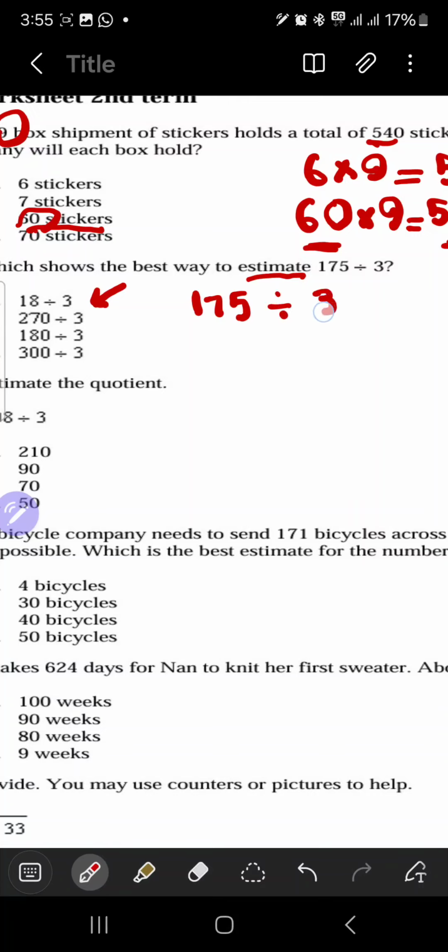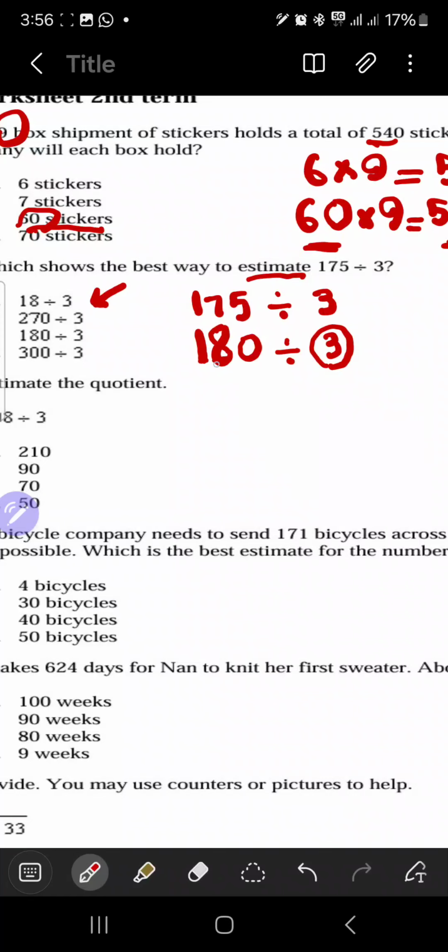divided by 3. Now we're just looking for a number ending in 0 and has only 2 numbers here, while these 2 numbers are in the timetable of 3. This number might be after 17 or before 17. Before 17 we have 15, and after 17 we have 18. 18 is the nearest, so we write 18.